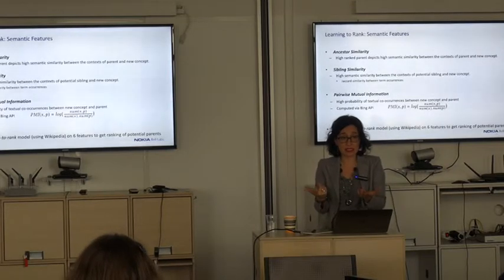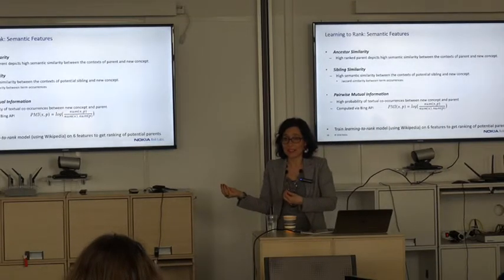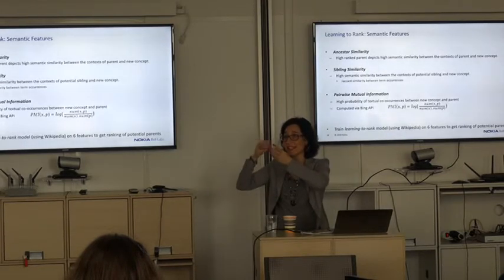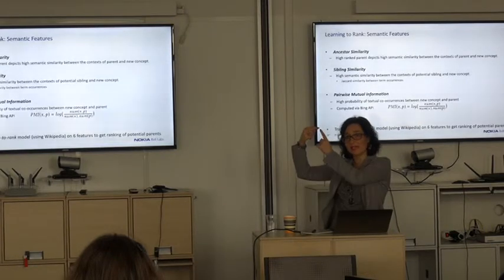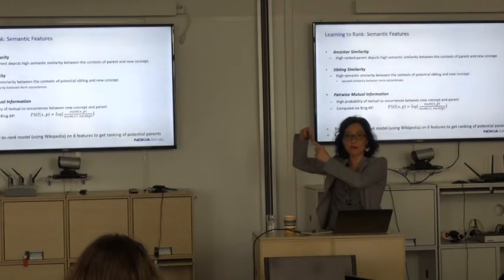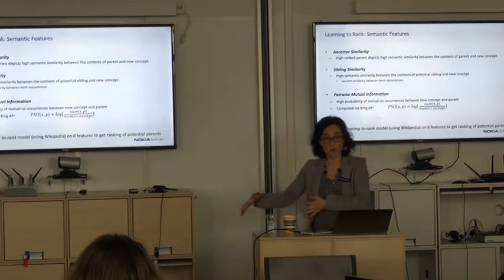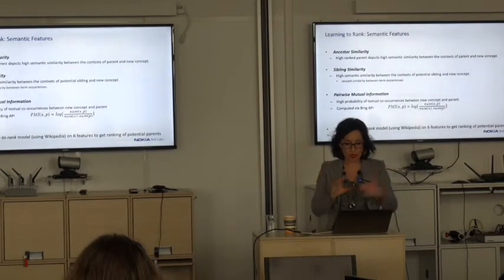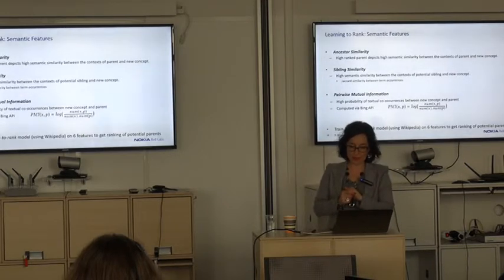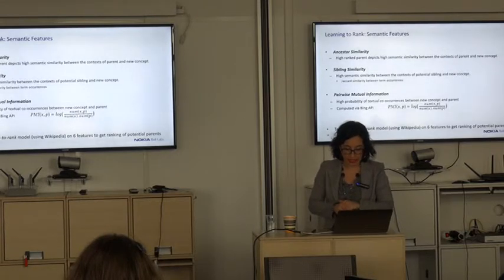The sibling similarity: me and my sister should have some similar features if we are really the 2 daughters of this same mother, right? So it's the similarity among the siblings that will define how much this possible parent is the good one for those 2 elements. And then pairwise mutual information, the usual things. Those were the top 3 semantic features that were used in our learning to rank approach.